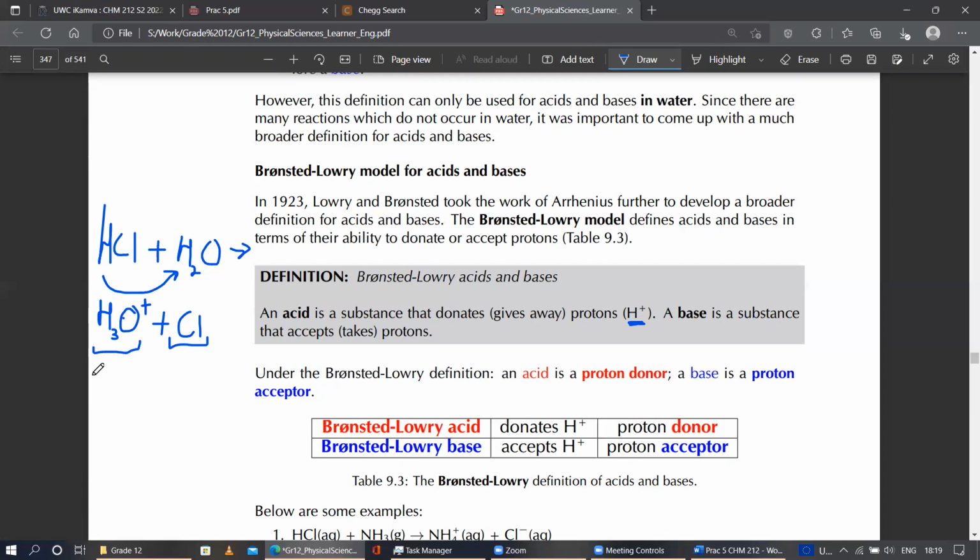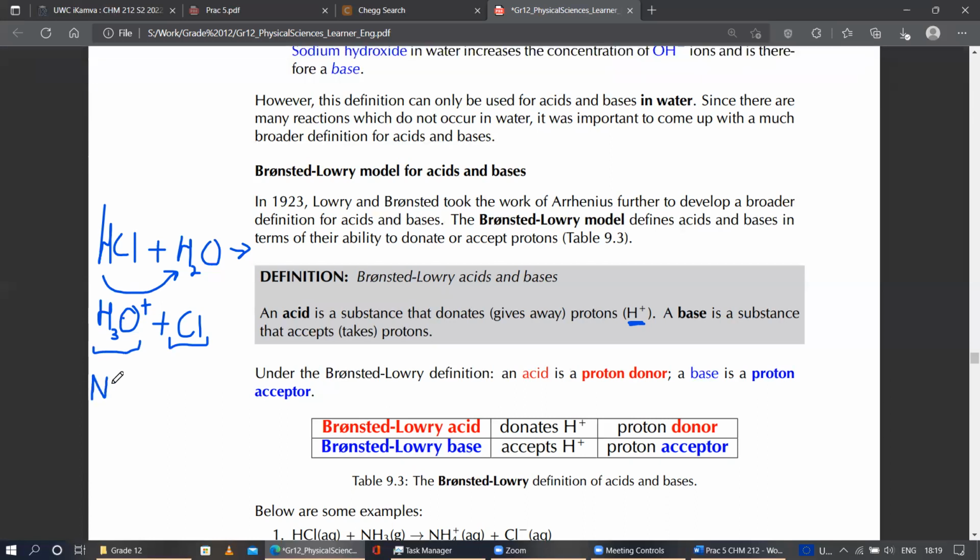And when it comes to a base, let's just say it reacts with NaOH, so that's gonna be plus water. So basically, in this particular case, this proton is gonna move from the water to the sodium hydroxide.